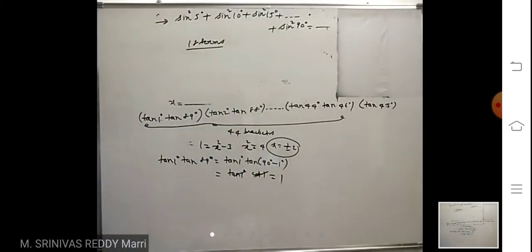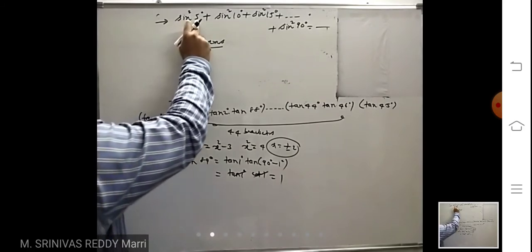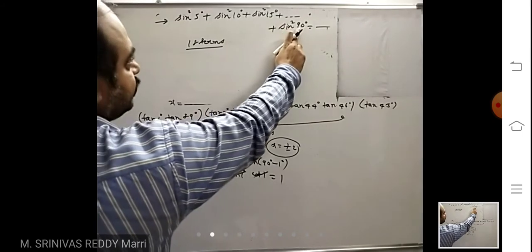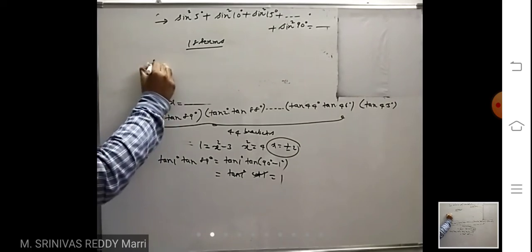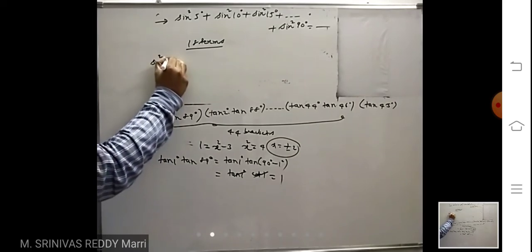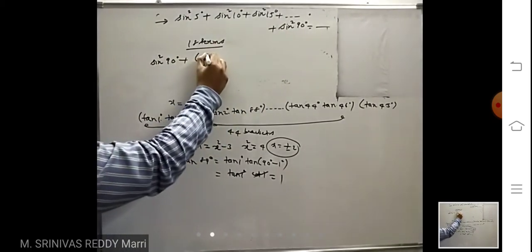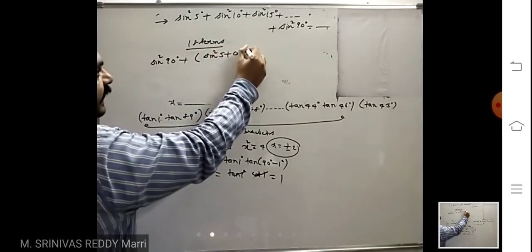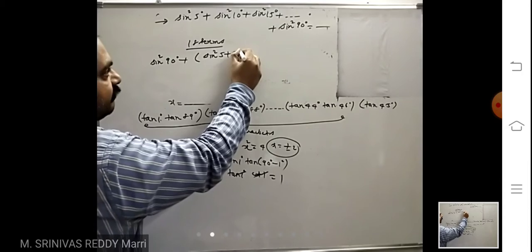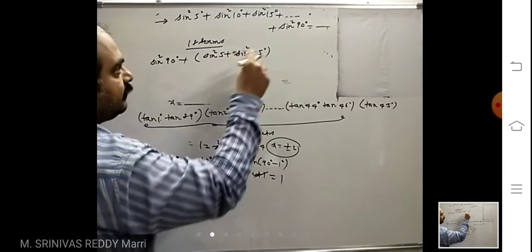18 sine squares are there. If you observe here, 5, excluding 90, before that 85 is there. 5 plus 85 is what? 90. Club those. I am writing sine square 90 separately, and then I am clubbing sine square 5 plus sine square 85 in one bracket.